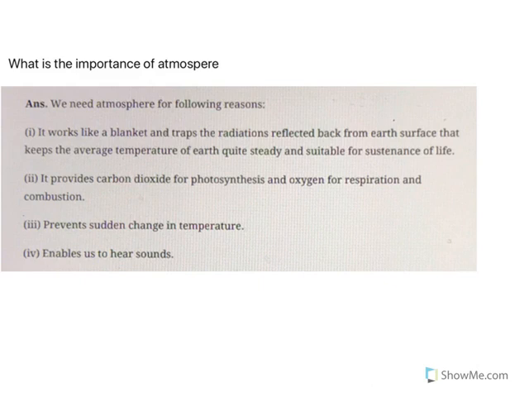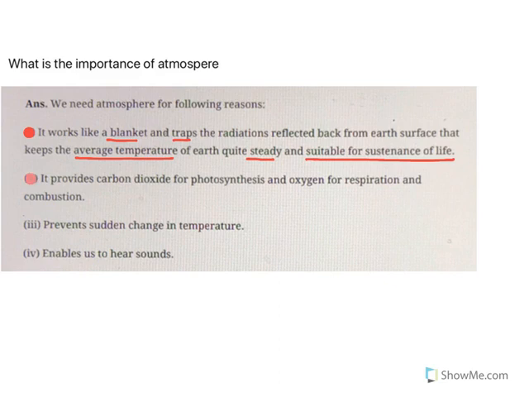What is the importance of atmosphere? So first, it works as a blanket, traps the radiations reflected back from the Earth's surface that keeps the average temperature quite steady and suitable for sustenance of life.